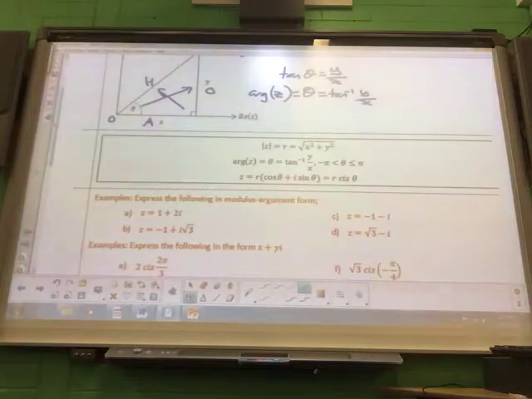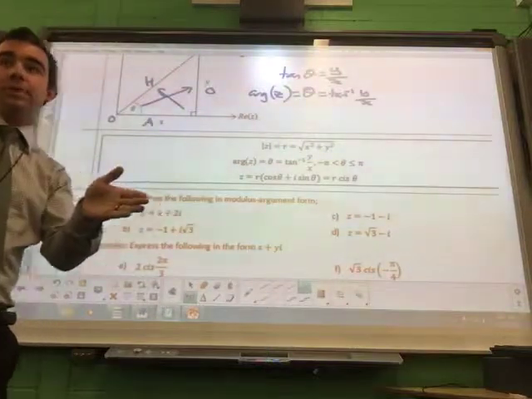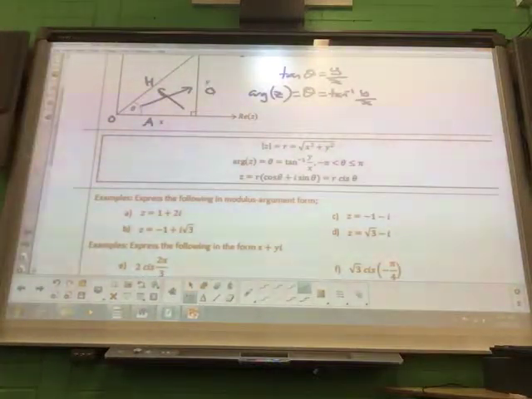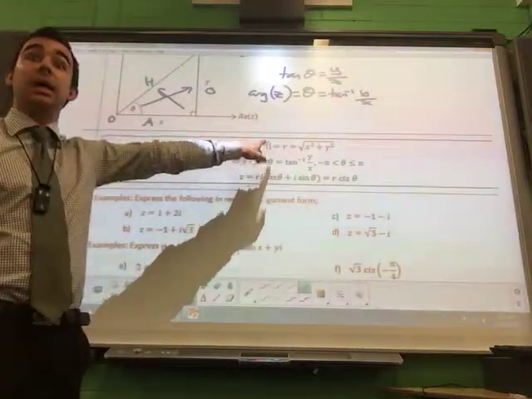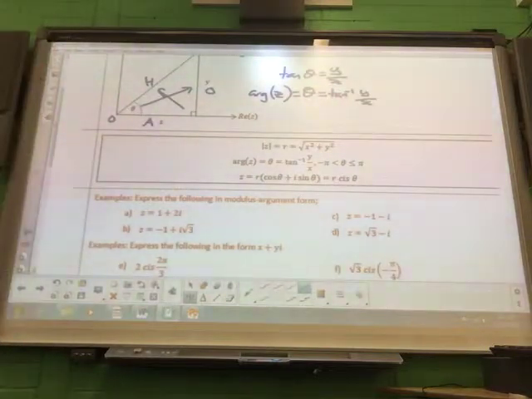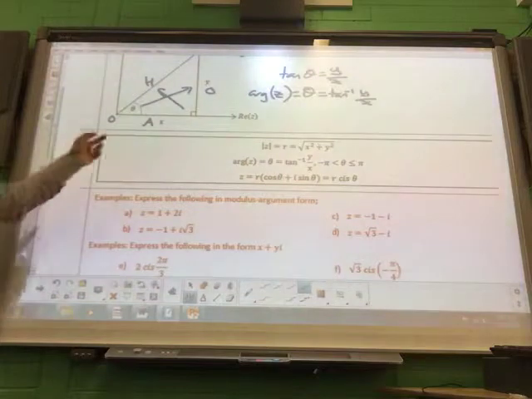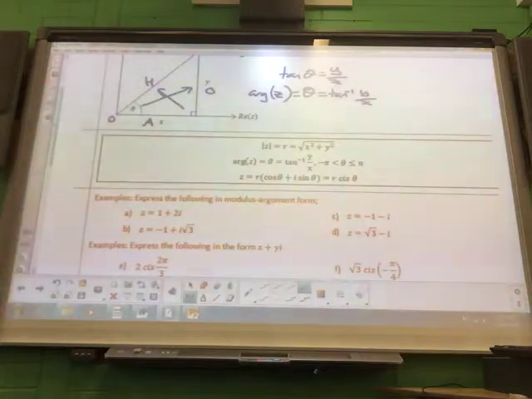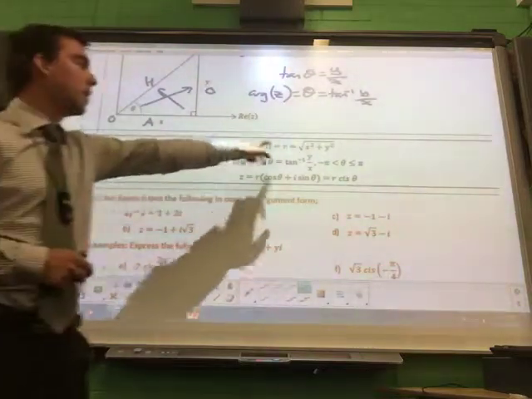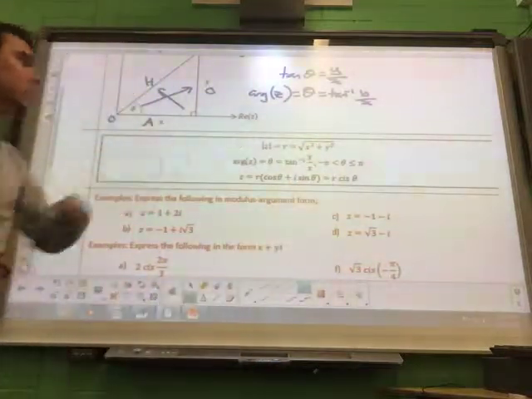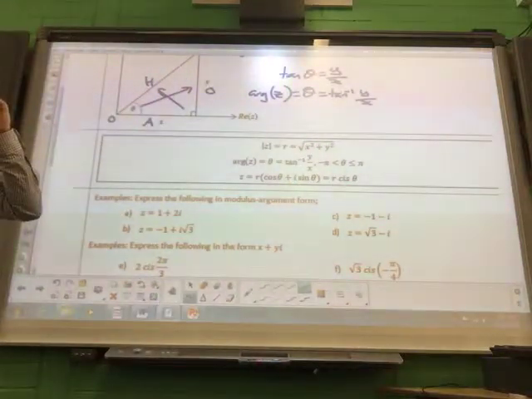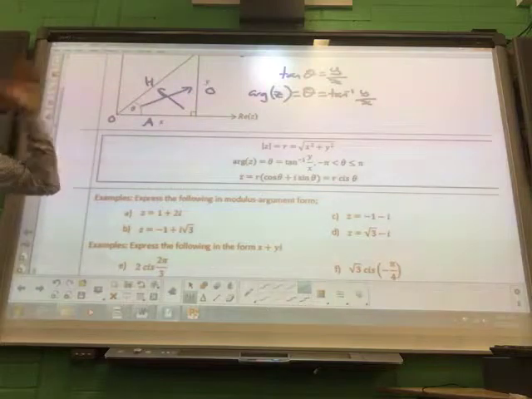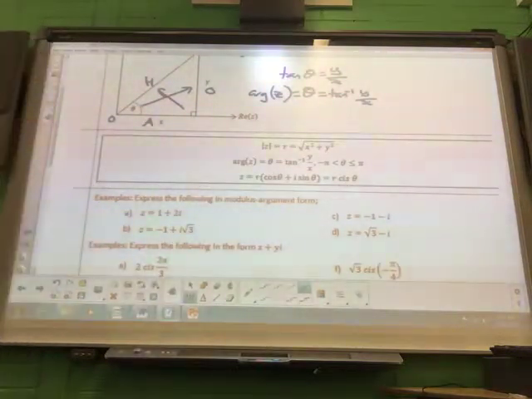The modulus, which we notate with the absolute value symbol, the modulus of the complex number z, another way we can notate that is r, which is the distance using Pythagoras theorem when you know z is x plus yi, and we use that formula there. The argument of z is equal to theta, which is tan inverse of y over x.